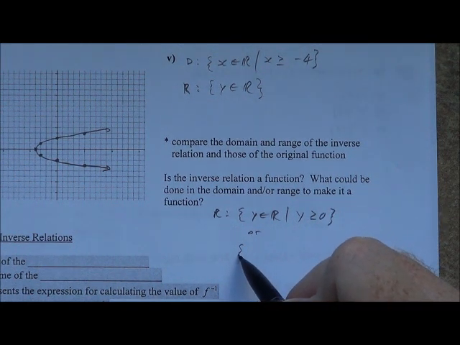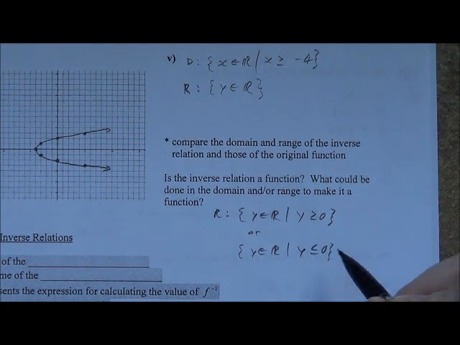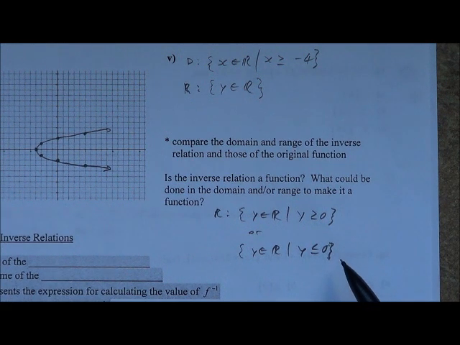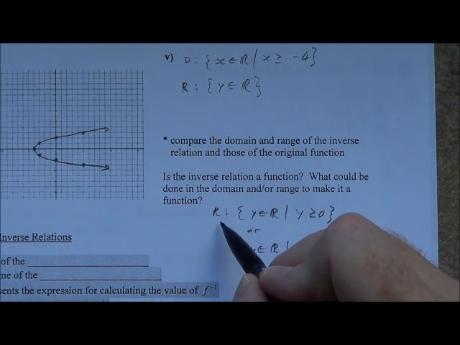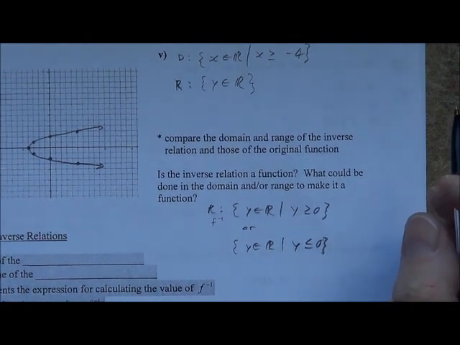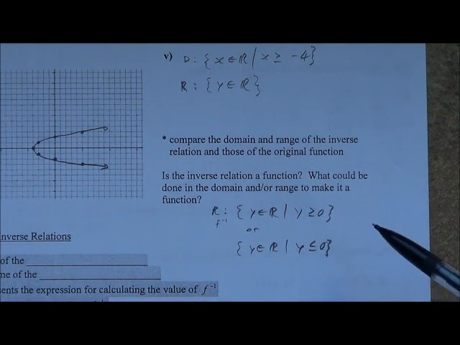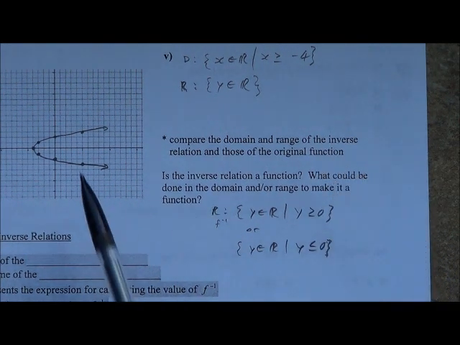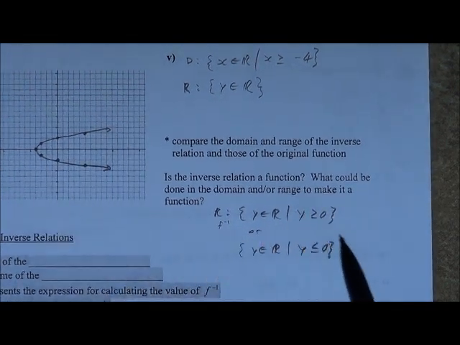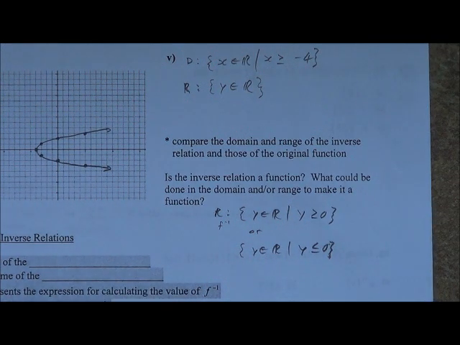Or we could say y is an element of all real numbers such that y is less than or equal to 0. Now the other thing we could do, not by restricting the range of the inverse function, is actually restrict the domain of the original function in the same manner. And that would then give us just one branch, or one arm, of this inverse parabola, or the square root function basically, and then that would be a function.